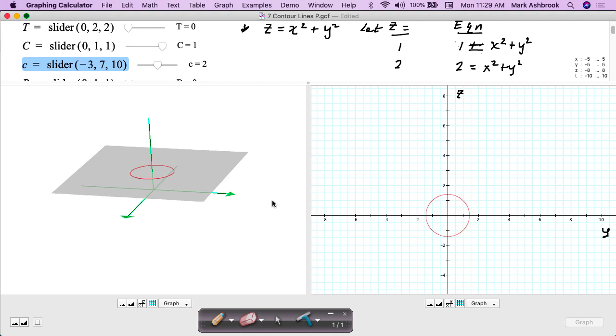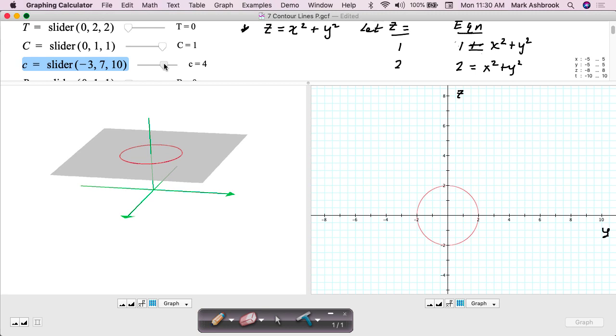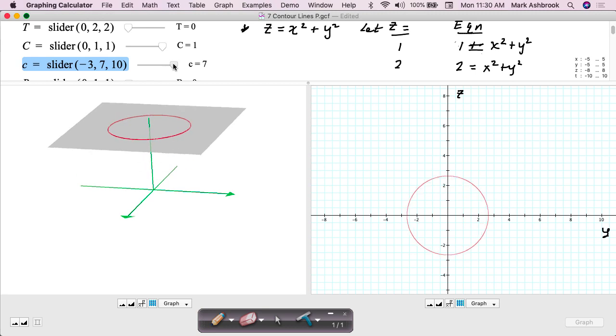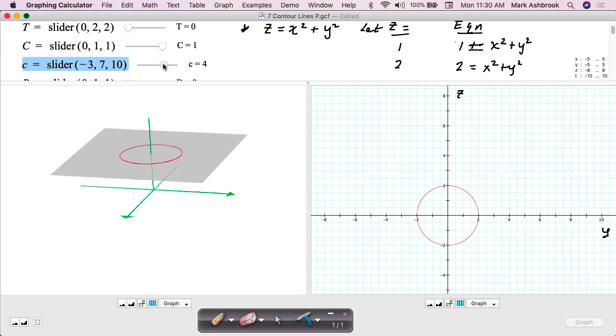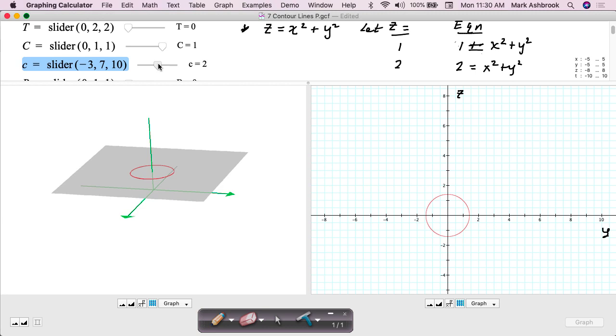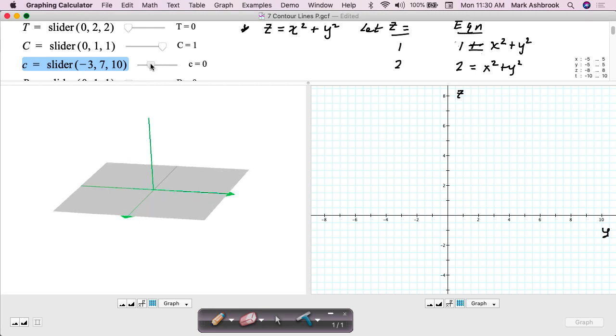None of the surface will lie down there because it doesn't make the equation work when you put a negative z in. So it only works for positive z values. What about z equals 0? Does it work? It's just that point, the origin.